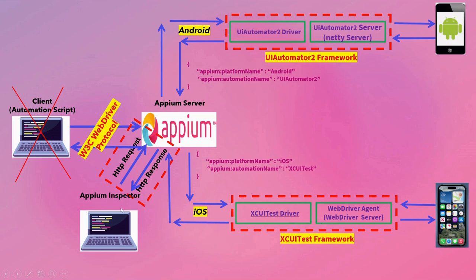But here we are discussing the Appium Inspector. Instead of sending a request from the client, I am sending a request from the Appium Inspector. Basically the request type is the same. We are following the W3C WebDriver protocol, but the way of requesting is different.